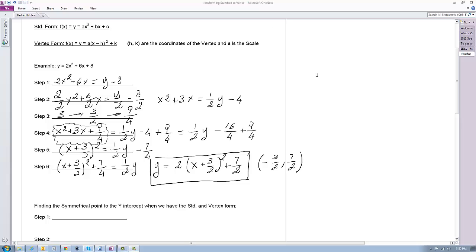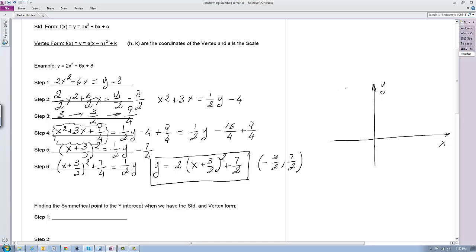If I were to draw my parabola at this point, I will have something that looks like this. These are my axes, x and y.